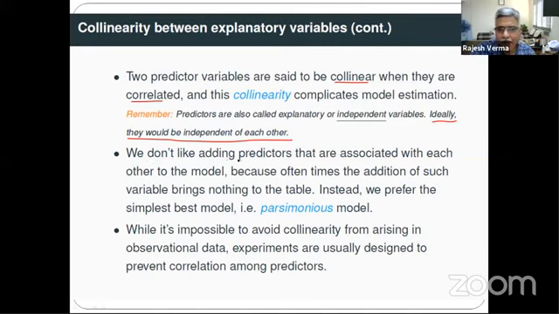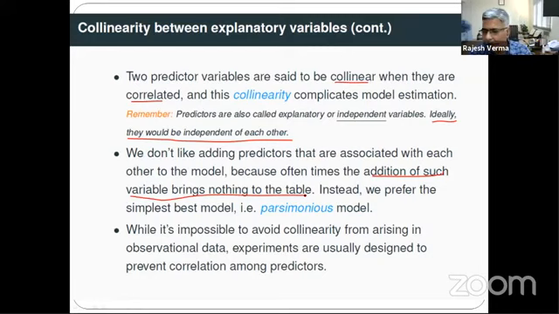And we don't like adding predictors that are associated with each other to the model, because oftentimes the addition of such a variable brings nothing to the table. If one variable is dependent on the other, and you have already included one variable, then there is no point.